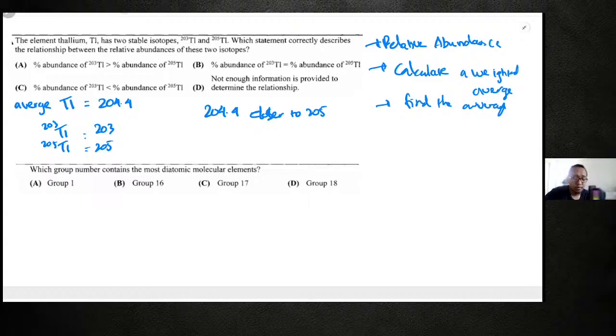Then 203. It means thallium 205 is more abundant. Thallium 205 is more abundant because of what? Because of which one it is close to. I gave you a very, very easy example.